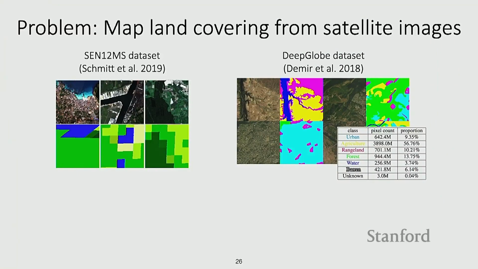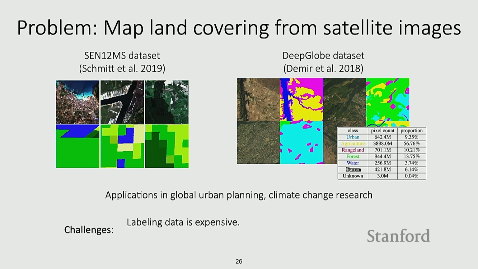So like blue corresponds to urban regions, green corresponds to forest regions, and so forth. And this has applications in urban planning, climate change research. And it has a number of challenges. So labeling data like this is super expensive because you need a label for every region of pixels. And different regions also look different as well and have different land use proportions.